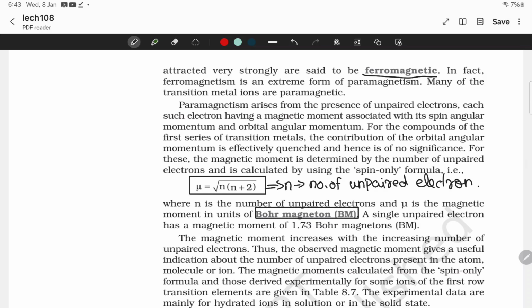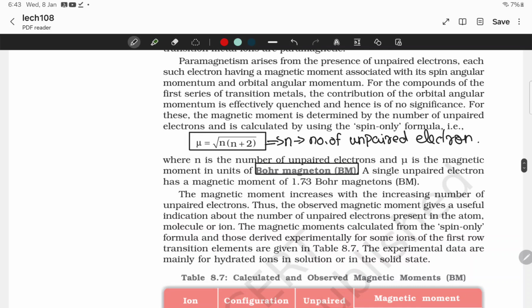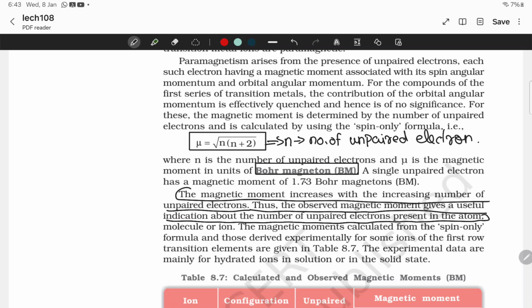The magnetic moment increases with increasing number of unpaired electrons. Thus, the observed magnetic moment gives us a useful indication about the number of unpaired electrons present in the atom.